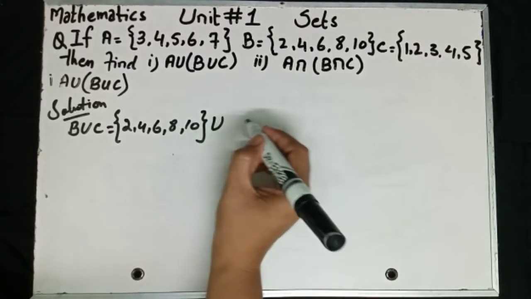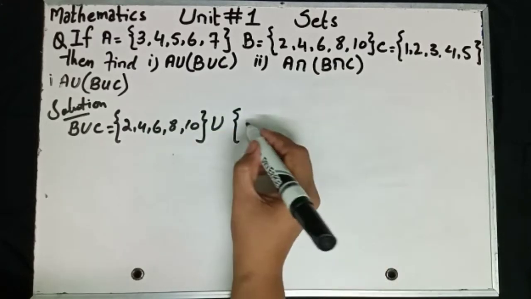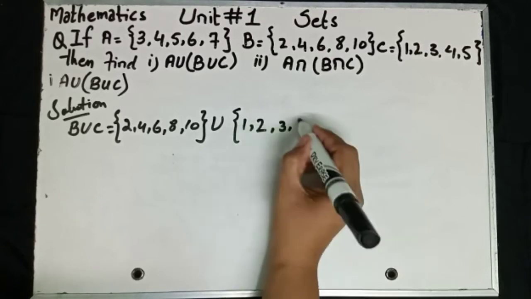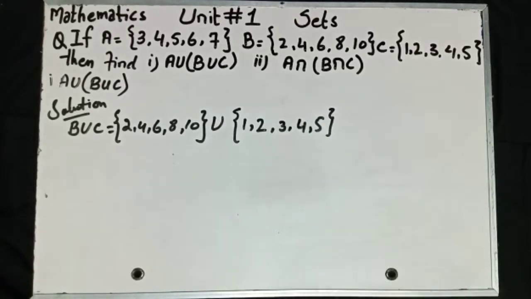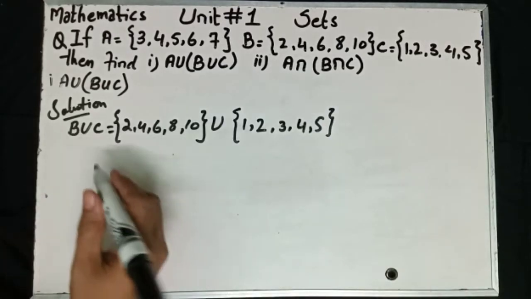Union symbol. Then set C: 1, 2, 3, 4, 5. Elements of set C.